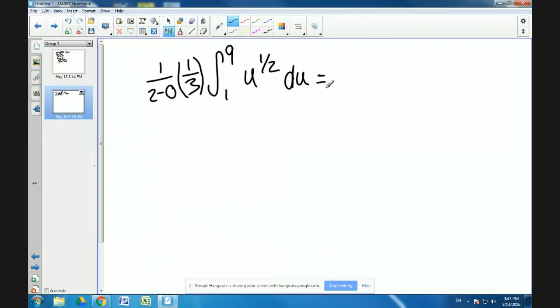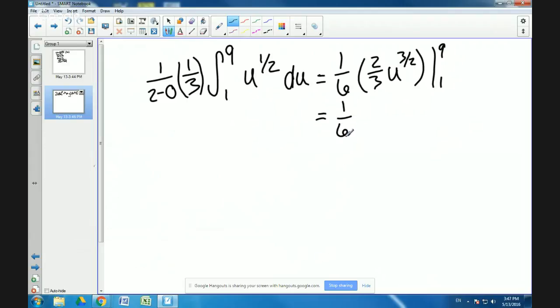So you get 1 over 6 in the front times, if we solve the integral for u to the 1/2, it's 2/3 u to the 3/2 from 1 to 9. Okay. Now let's just do some algebra.